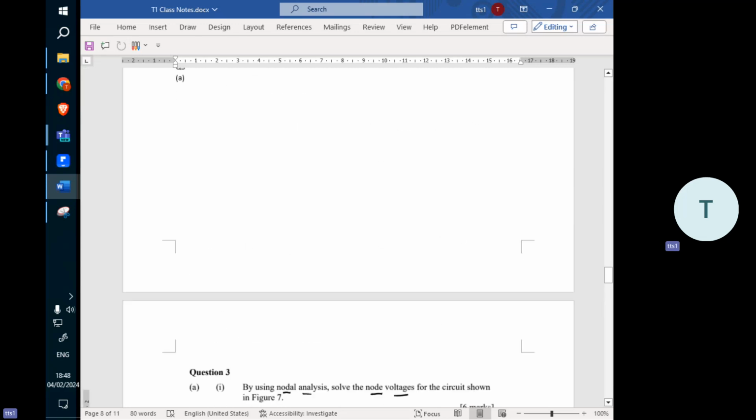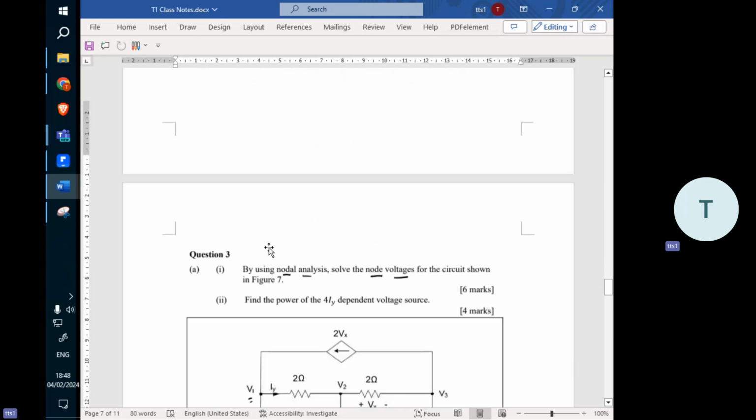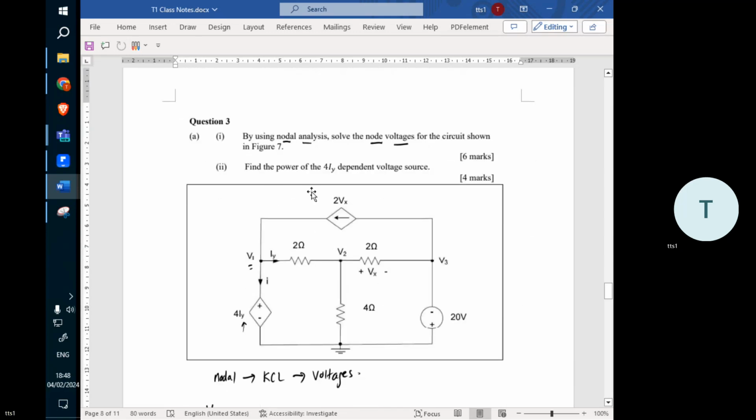Previously, it was the sum of the voltages in the loop. This one is the sum of all the currents. Since this current is pointing in this direction, we treat it as pointing downward, so we follow the path, 1, 2, 3, at this node, summing all the currents here.